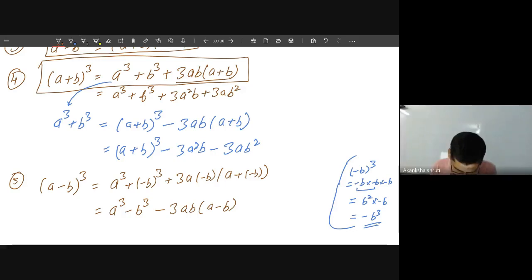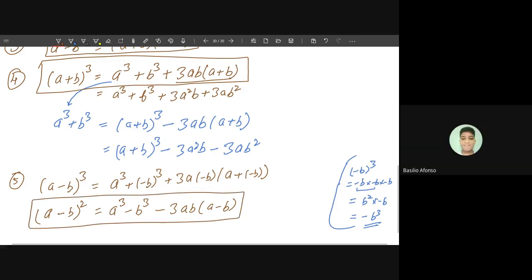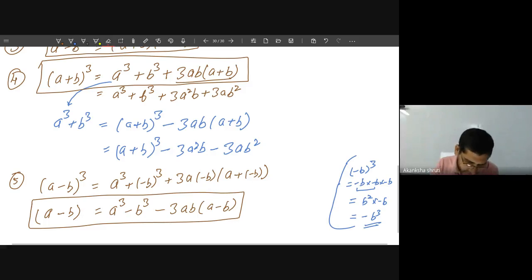I always advise my students to keep only one identity in mind and get the other just by replacing. Okay, students, it is (a minus b) whole cube. So whatever the first identity we have, meaning (a plus b) whole cube, from that we have obtained this (a minus b) whole cube.